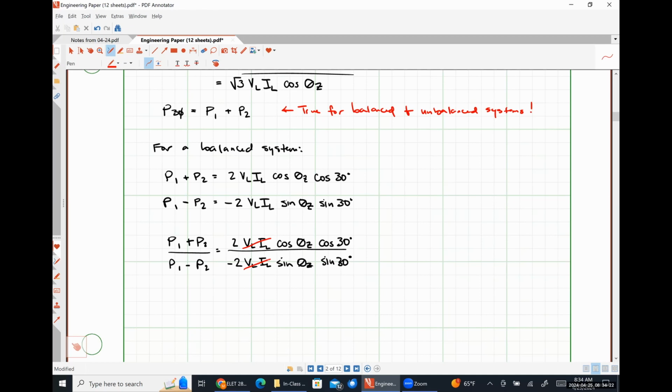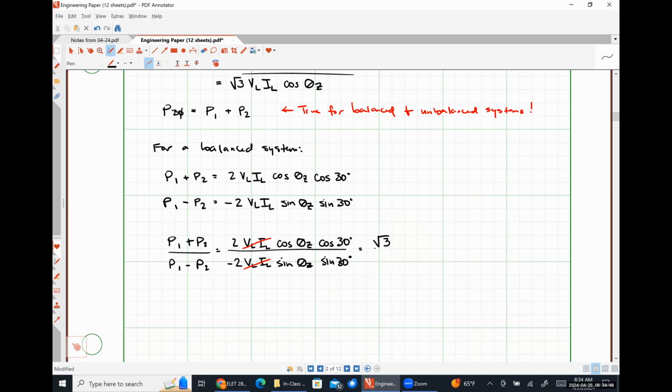We know that twice cosine 30 degrees is the square root of 3. So I'm going to put a square root of 3 up here in the numerator. What's -2 sine 30 degrees? -1.